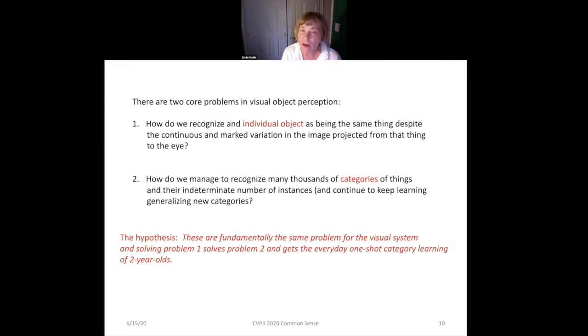But my hypothesis from looking at the egocentric everyday experiences of toddlers is that these are fundamentally the same problem for the visual system, and that solving problem one, how we can recognize the continually changing images projected from a single object, actually solves problem two, and one-shot learning just about falls out of that, and that's why it's so easy for 2-year-olds.